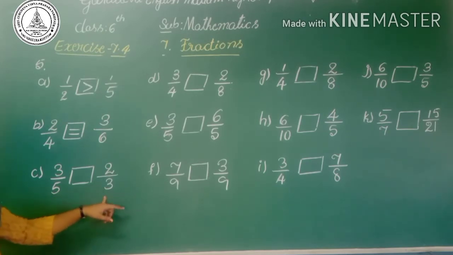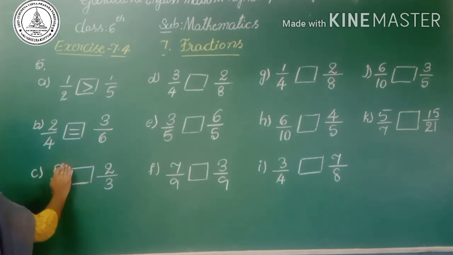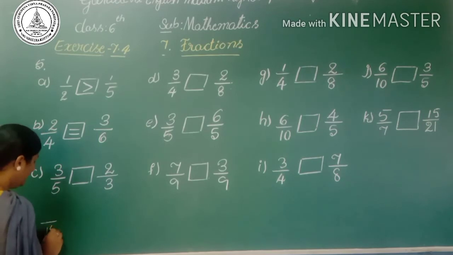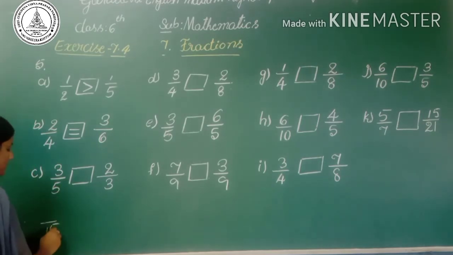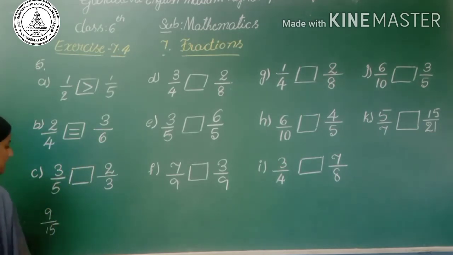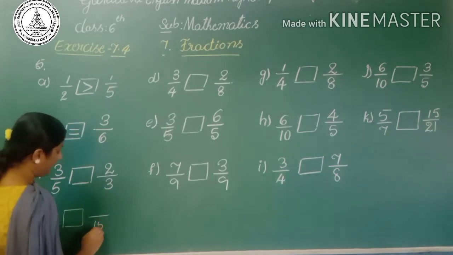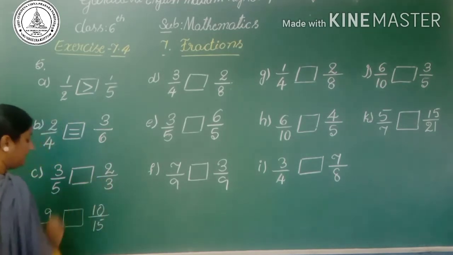The LCM of these two numbers is 15, right? So we have to multiply and divide the first fraction by 3. 5 threes are 15, and 3 threes are 9. Then 3 fives are 15, and 2 fives are 10.